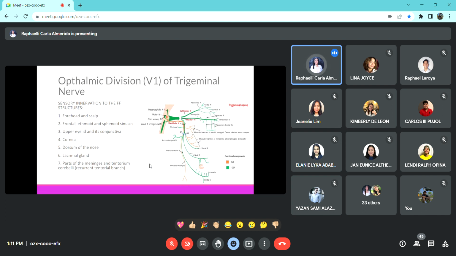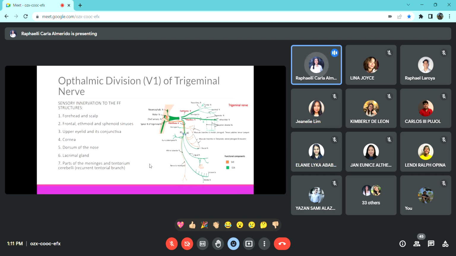We have the forehead and the scalp. We also have your frontal, ethmoid, and sphenoid sinuses, the upper eyelid and its conjunctiva, the cornea, the dorsum of the nose, the lacrimal gland, and some parts of your recurrent tentorial area or region.